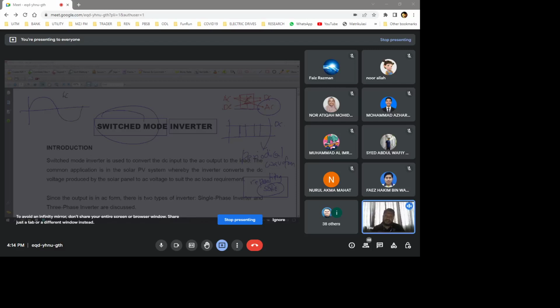With this sinusoidal waveform we have one period, T equals 1 over f. So we want a DC input and an AC output.